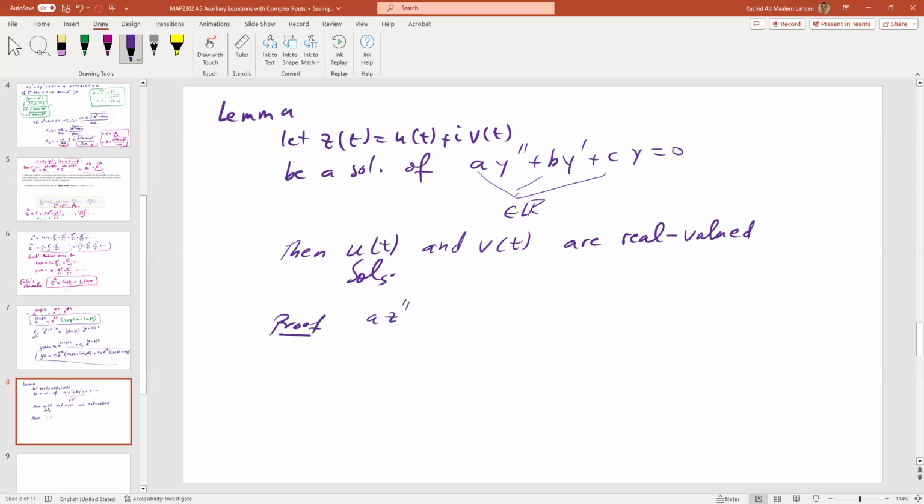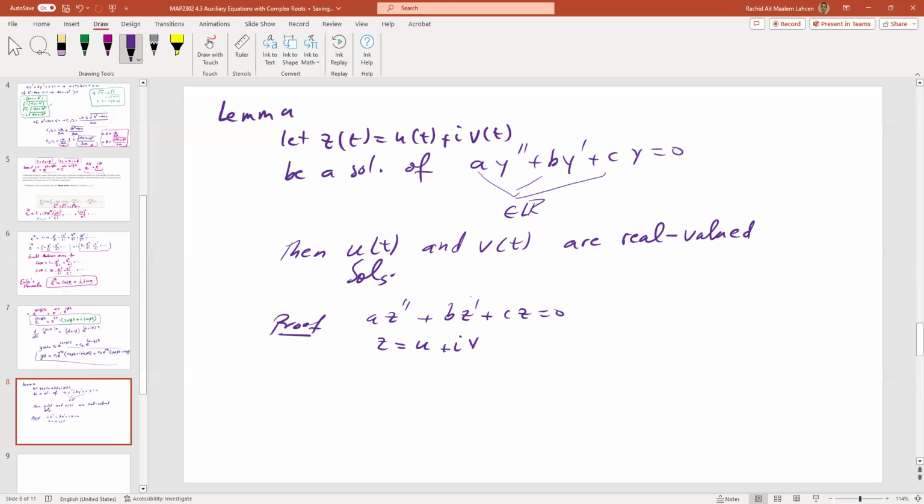So if we have this, and of course z is u plus iv here, are we going to get something that will show that u is a solution and v is a solution?